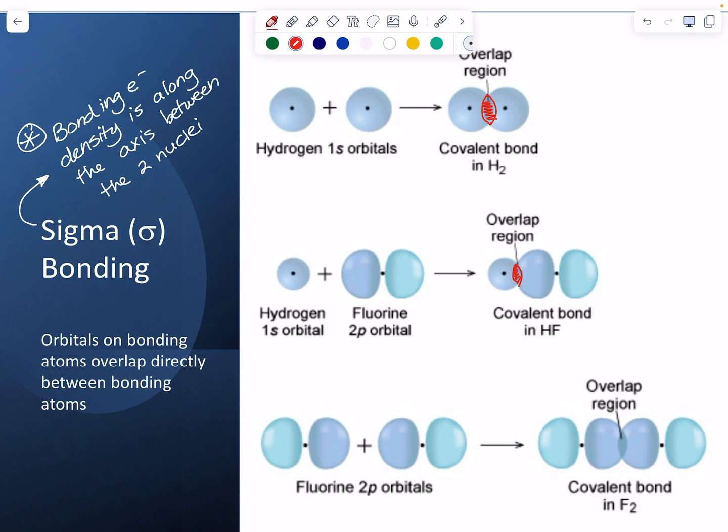Now let's think about two fluorine atoms, where the two fluorine atoms have electrons in a p orbital. In order for there to be overlap, those p orbitals have to be on the same axis. So let's think about our fluorine atom. It's going to be 2p5.